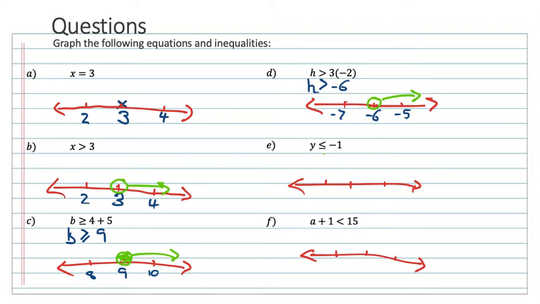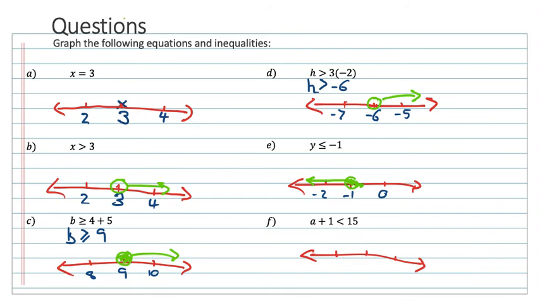Y is less than or equal to negative 1, marking the scale. Let's draw it. So a circle, shade it because it's less than or equal to, and then it's pointing to the left. So it's going to be y is equal to all of these values to the left of negative 1 inclusive of negative 1.